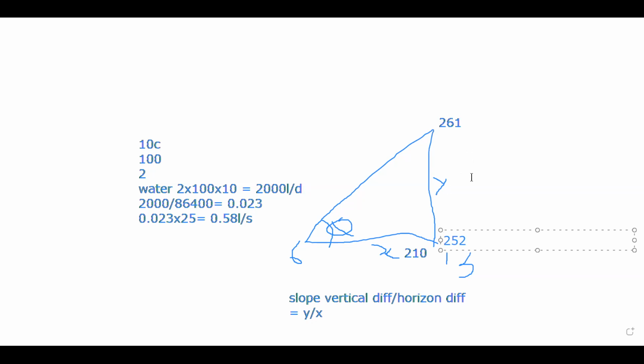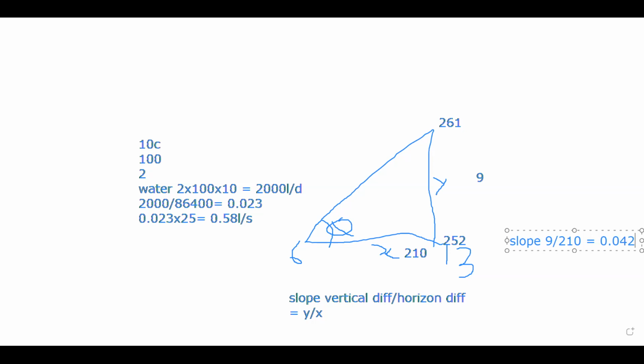So the difference is 9. Therefore, slope becomes 9 divided by 210. And that will give you 0.042 or thereabouts.